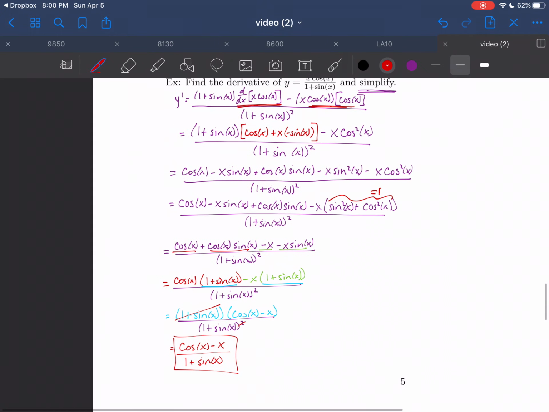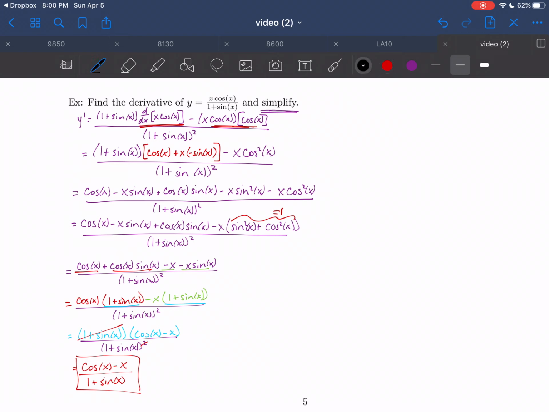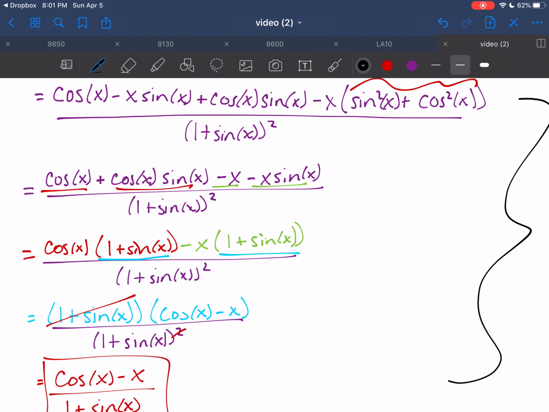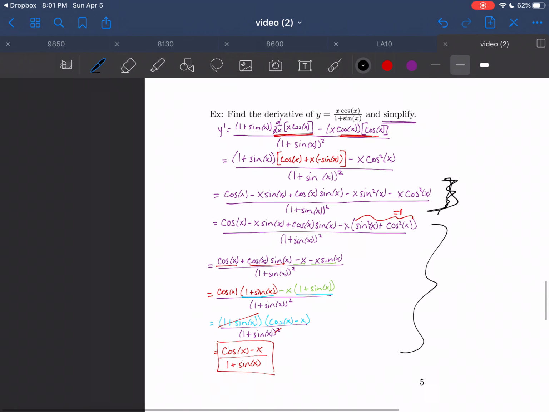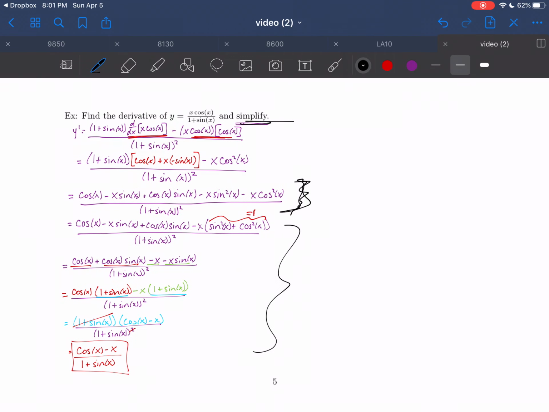Okay, so what we did with that is we took the derivative. Our derivative had been taken completely at this step. So beyond that, it was just simplification, because we knew something had to cancel because the directions had specified to simplify.